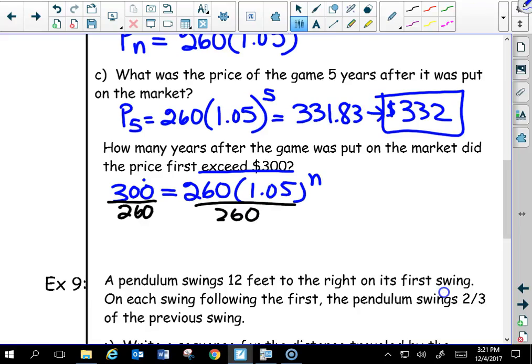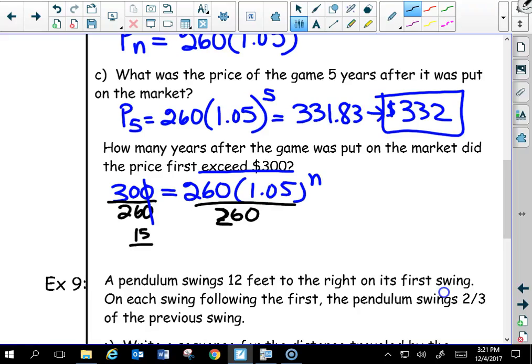Now what I like to do is simplify this, but not give it a decimal, because I'm going to lose numbers due to rounding if I mess around with decimals. But 30 and 26 are both divisible by 2. So what I'm going to work with here is 15 over 13.